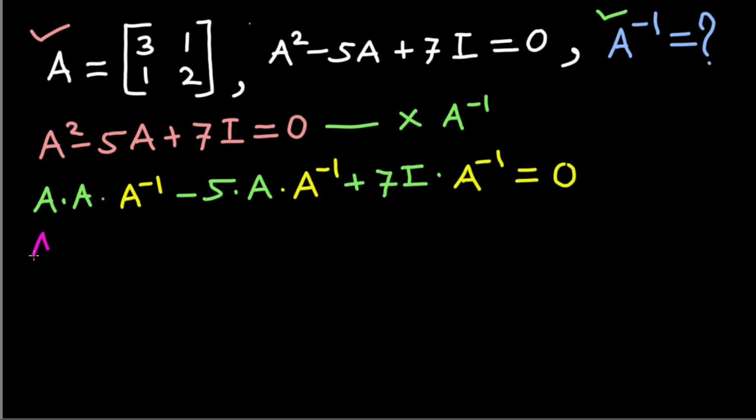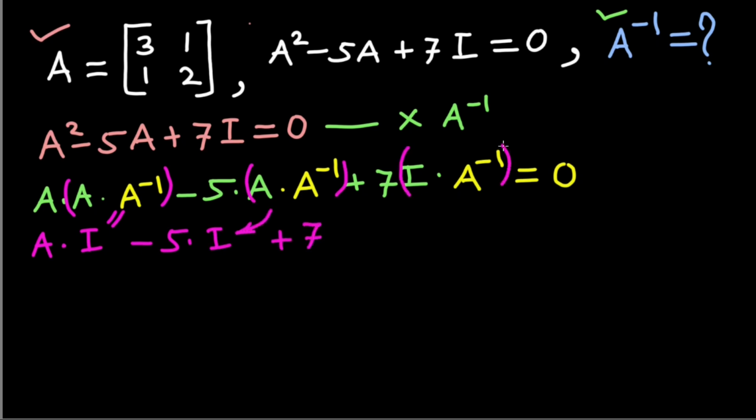This will be A into I, because we know that A into A inverse is I, minus 5 times A inverse, plus 7I into A inverse is 7 A inverse, because the identity matrix I behaves like the number 1 in a number system. This is equal to 0.